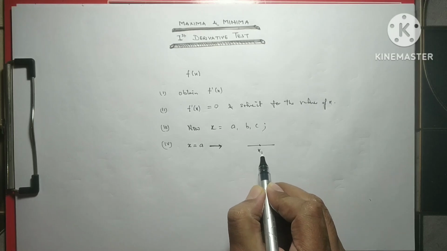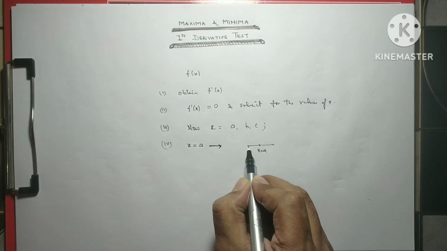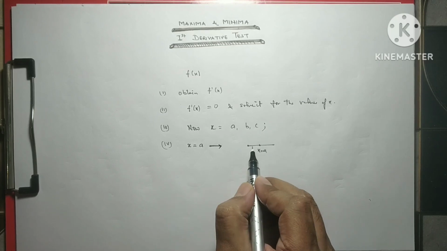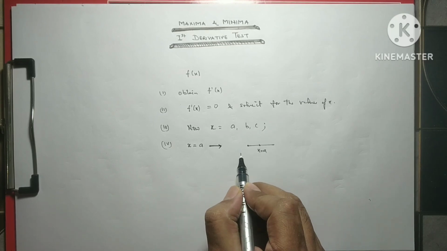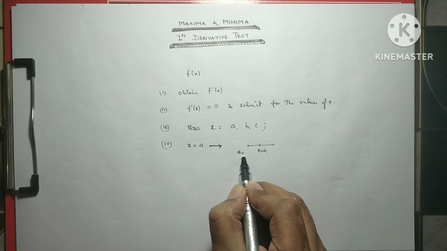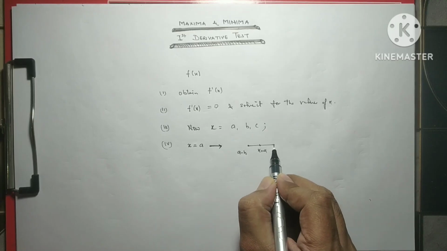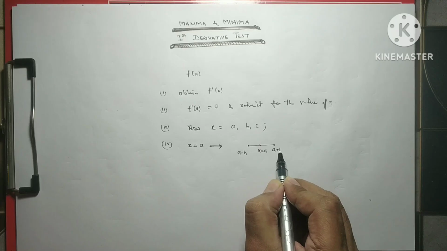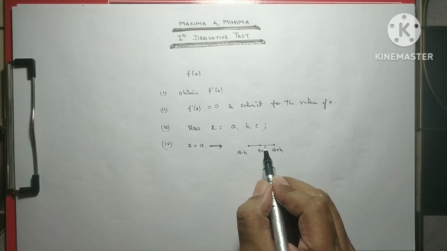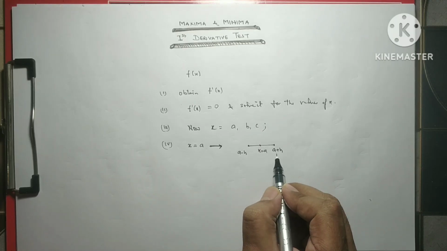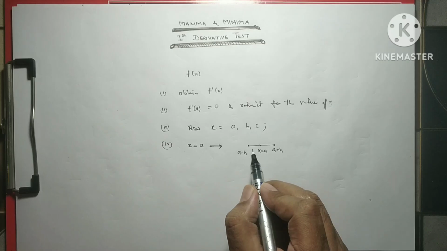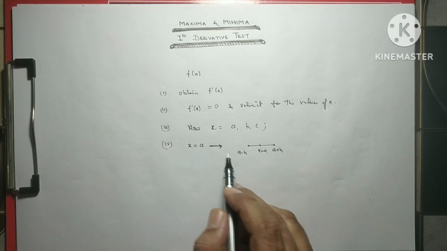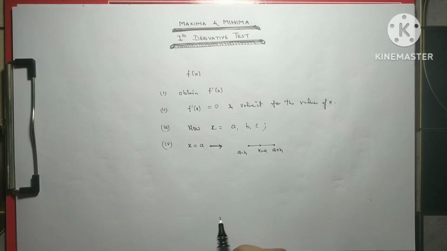If it is x equals to a, we consider a point which is nearer to this, that is a minus h, slightly lesser, and one more point on the slightly next position, that is a plus h. So we will check the sign of f dash x on these neighboring values.